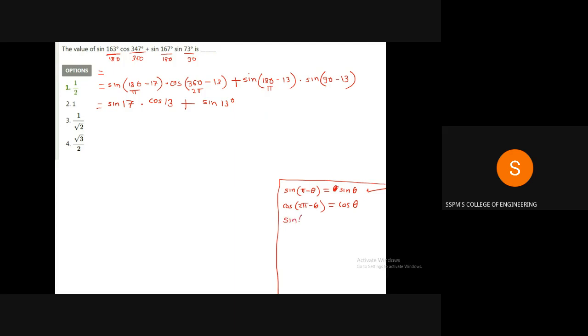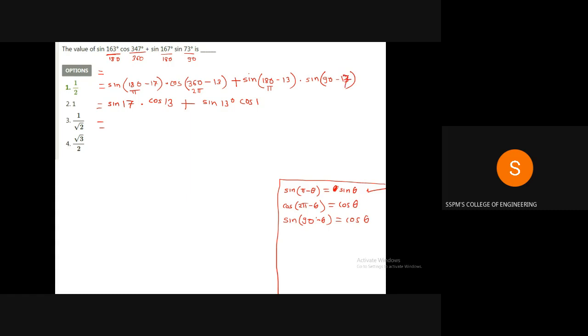Sin 90 minus theta is equal to cos theta. Now, what is sin 73? It is 90 minus 17.